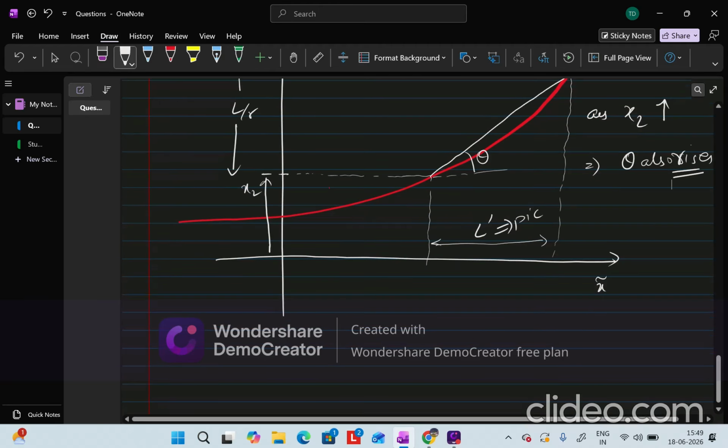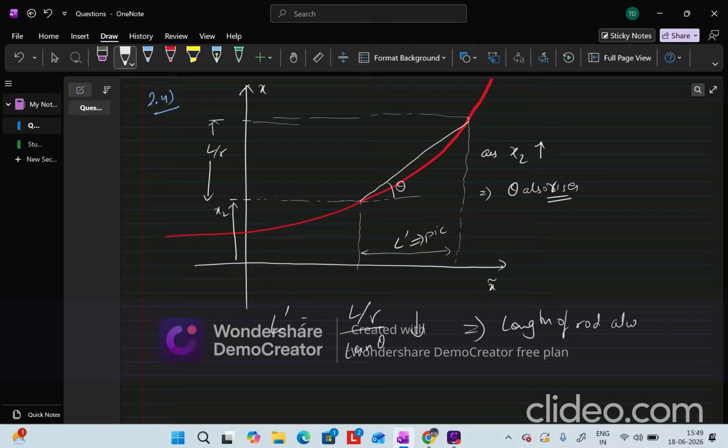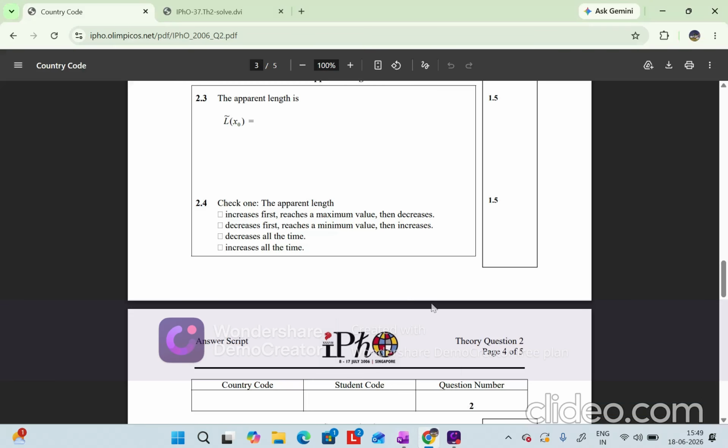If xl rises, then theta must rise because it's a convex function, and the y difference is constant. Thus, the length of the rod in the picture, which is L by gamma upon tan theta, will decrease. This implies that my length of the rod always decreases with time. So that's the answer. My answer is it will always decrease with time. So option C is my answer.